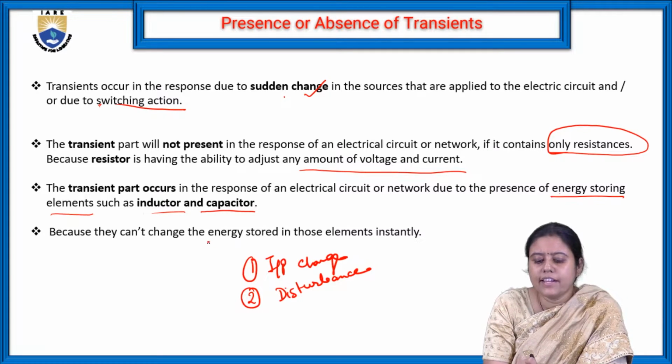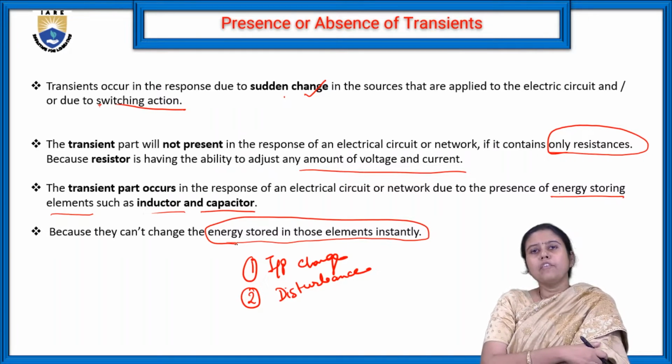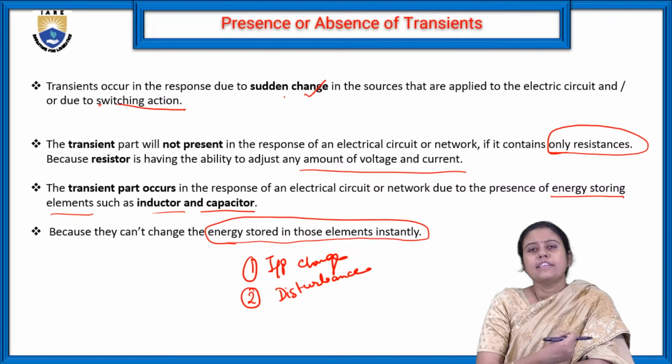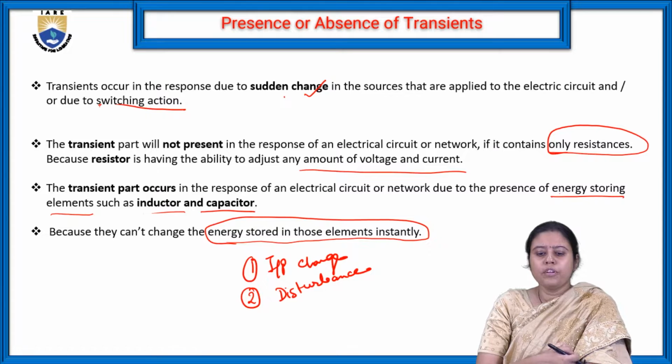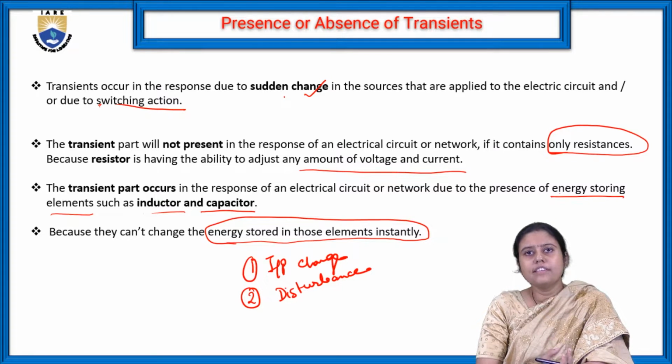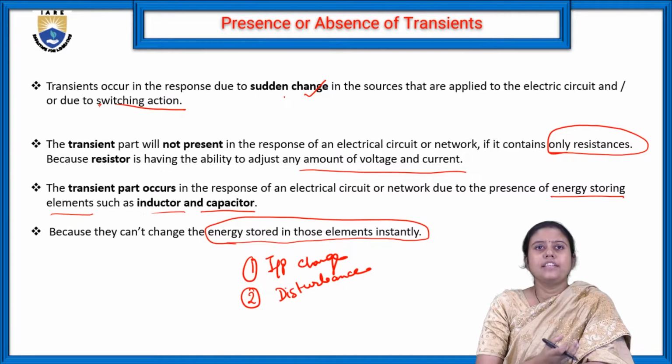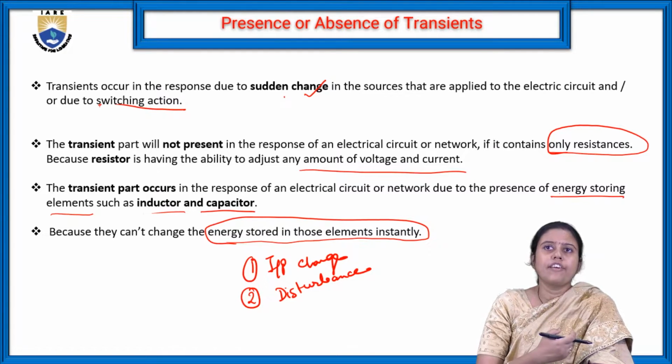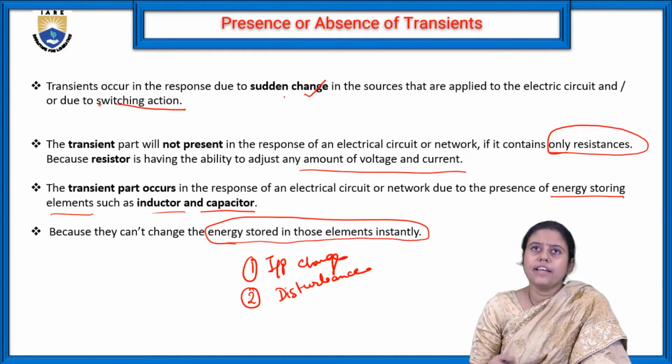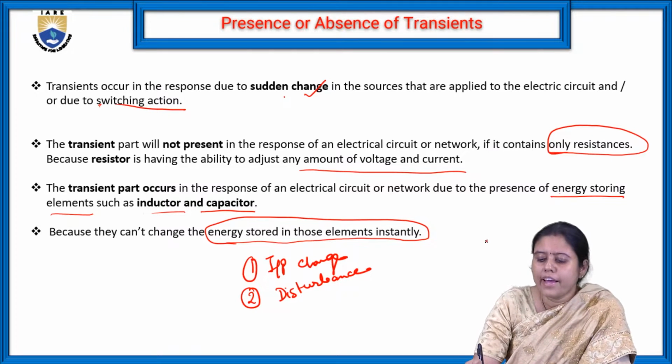They can't change the energy stored in those elements immediately. If the voltage is changed or there is a sudden change in any input, the energy stored in these elements cannot be changed immediately. It will take some time, and only for this reason will the transient be present.